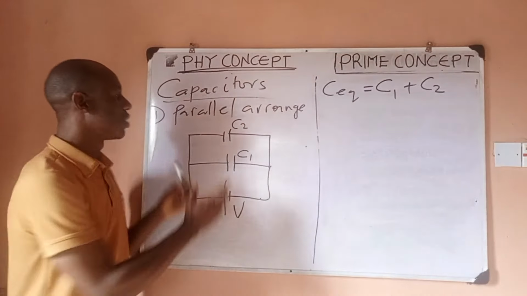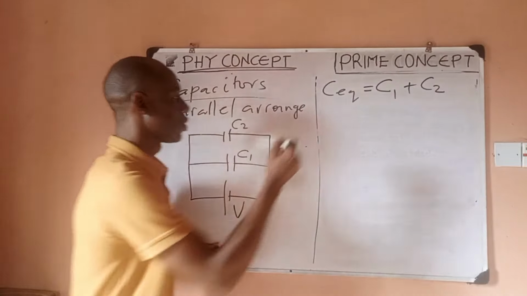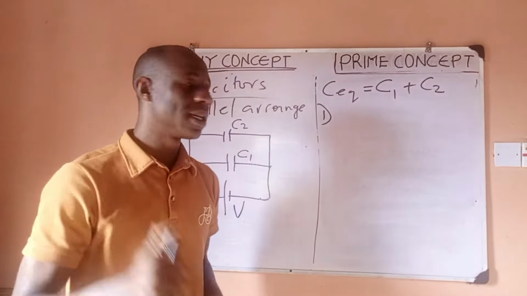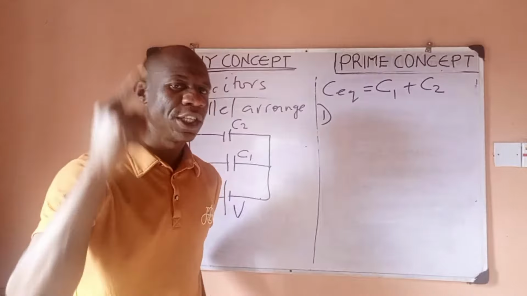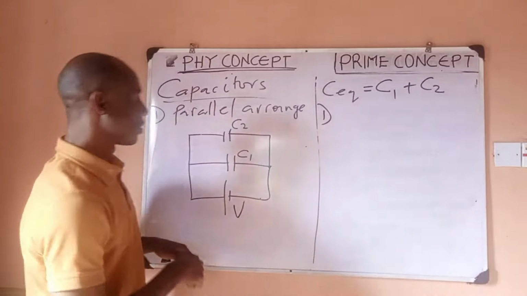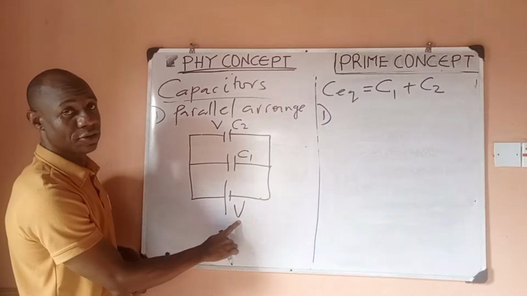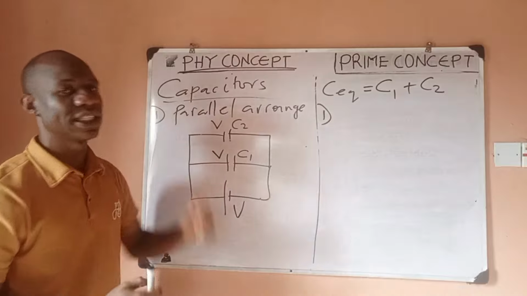Now, what are the points you need to know for parallel arrangement of capacitors? Number one point I want you to know is that when capacitors are in parallel, the voltage of each capacitor is the same. So it means that the voltage in this place is V, which is actually this total voltage. The voltage in this place is also V. The voltage of each one is the same.